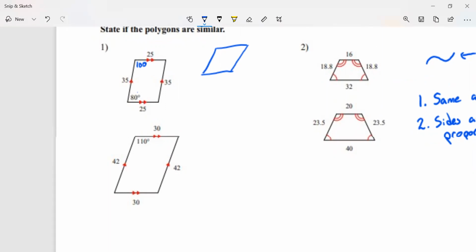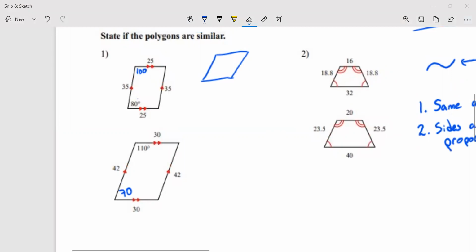So one of them is 80, the other one's 100. I see on my figure at the bottom, one of my angles is 110. I'm going to say this angle right here is 70. Now, the angles are not the same, so I'm not even going to check if the sides are proportional.